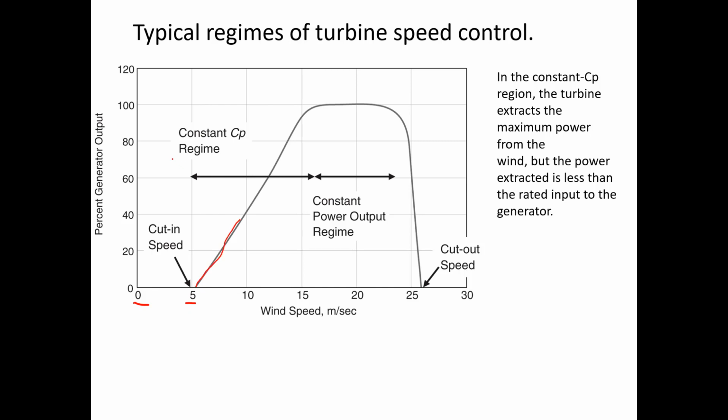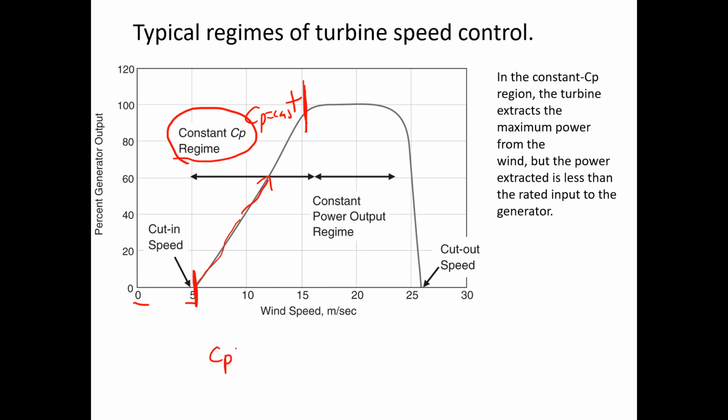extracting power. This is an area called the constant power coefficient regime, right? So between this point and this point, CP is constant. It doesn't look constant, because how could it be constant if you're increasing in power extraction?